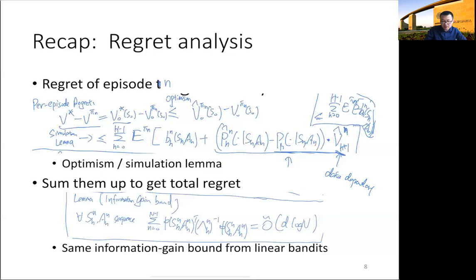And this is a data dependent quantity because we actually use the same data up to this step to create this estimator for estimating this value function into the future, and we are using the same data to estimate the transition kernels by solving the ridge regression, right? So when both of these two terms depend on the same random data, we cannot take expectation for both of them separately and hope that nothing bad would happen, right?